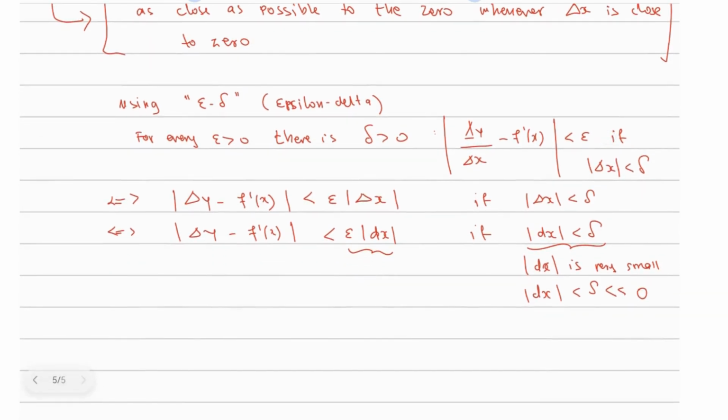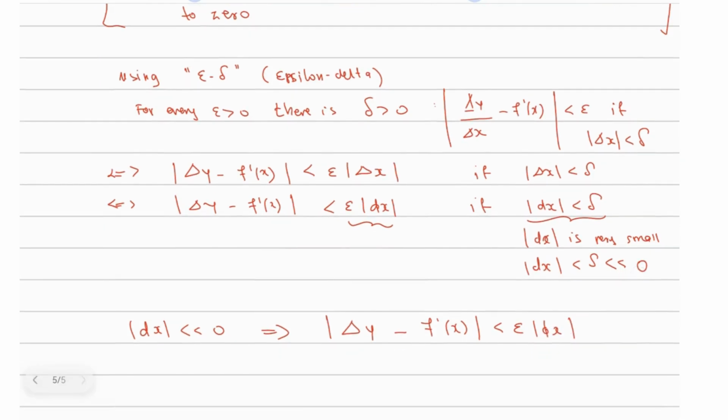So what we have is that if dx is very small, then the increment is, and we can even use the dx itself. So for some epsilon greater than 0, and this delta also depends on this epsilon, basically.